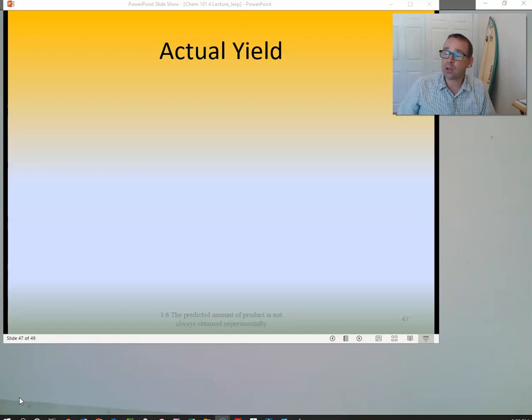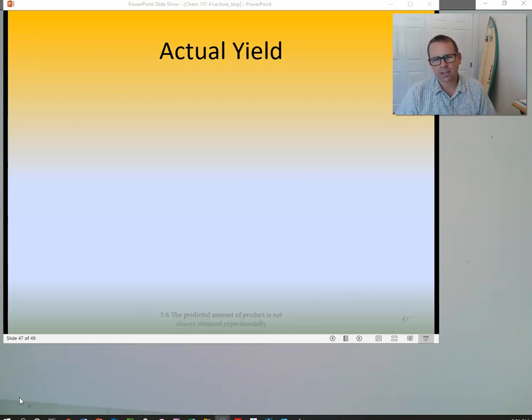This happens in chemistry also because, well, there's a lot of reasons why. When you react, sometimes the products get stuck to the container and you can't scrape them off. Sometimes you get byproducts, so the reaction didn't occur exactly perfectly. Sometimes the reaction just stops occurring, and so your reactants aren't all consumed, right?